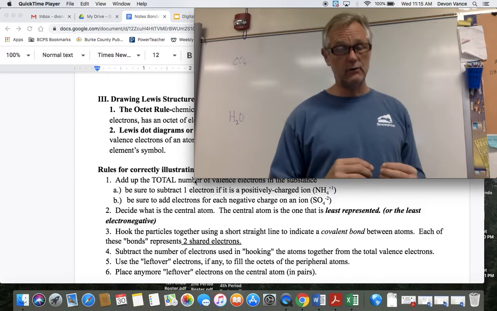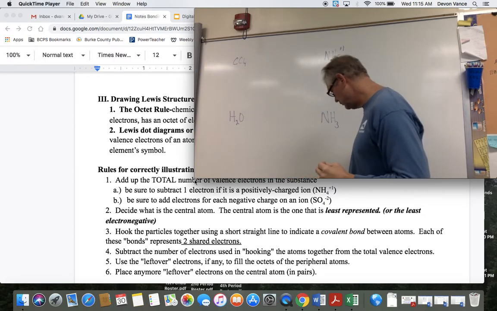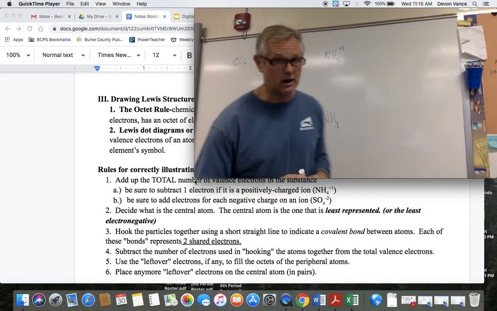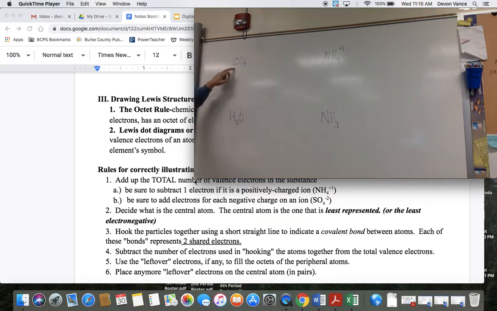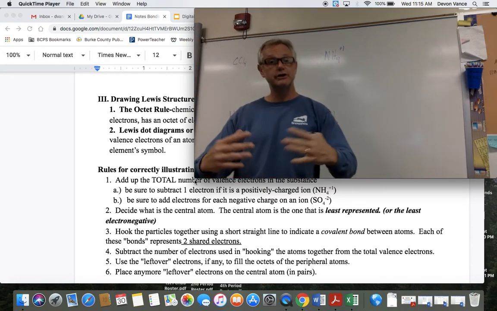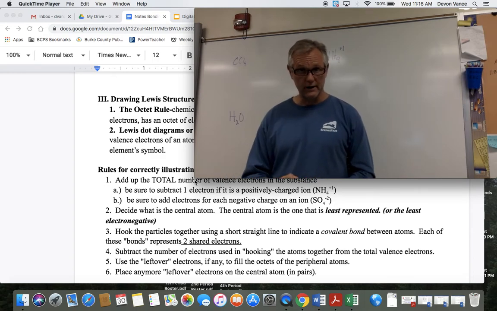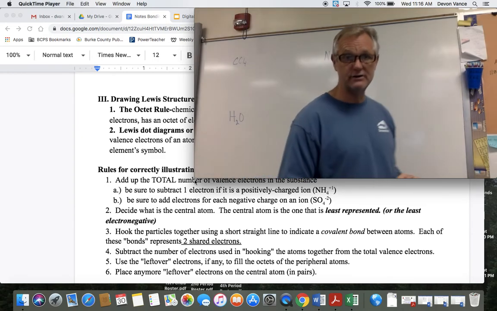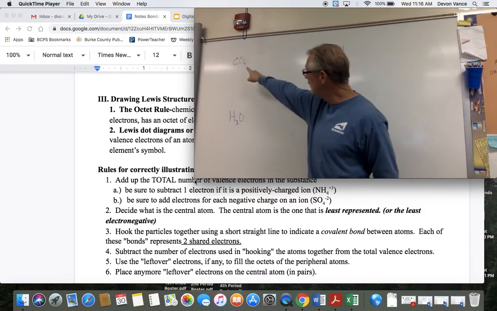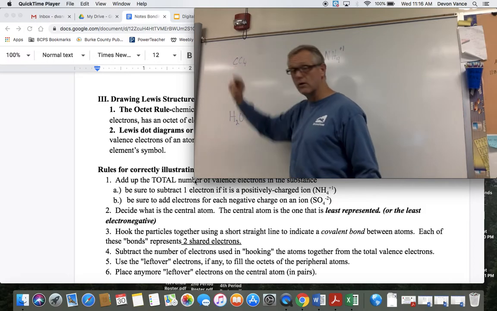So the very first thing I want to do is I want to go through and I want to add up the total number of valence electrons. So if I look at my periodic table, I know that carbon has 4 valence electrons, and I know that chlorine has 7 valence electrons. So I'm looking for the total valence electrons. So I have 4 chlorines, so that means that's 4 times 7, so that gives me a total of 28 valence electrons contributed by the 4 chlorines and 4 from the carbon.